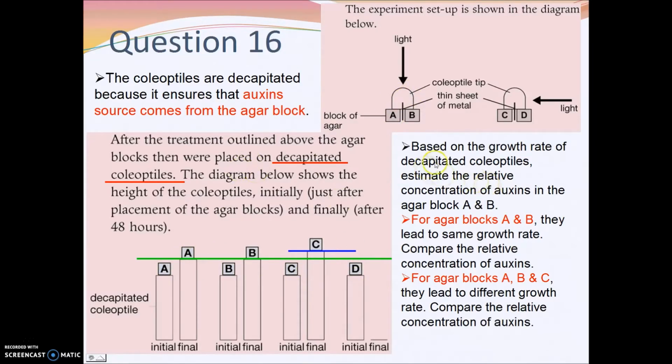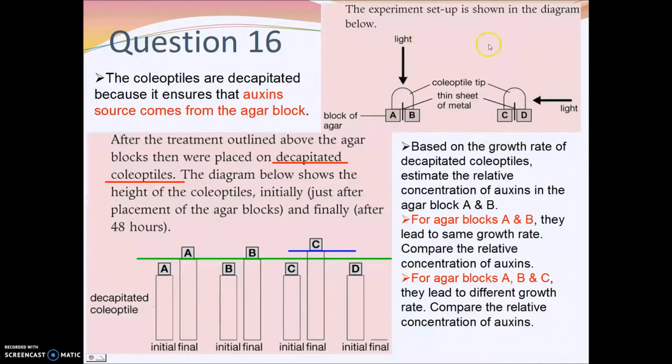And for this part of the experiment, I would like to mention that for the first part, we need the light. But for the second part, when we put the agar blocks A, B, C, D back onto the coleoptile, this part should be done in darkness, because we do not want uneven distribution of auxin after this part.